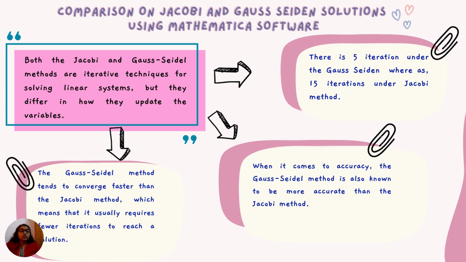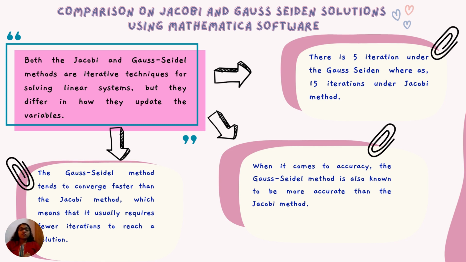We all know that both the Jacobi and Gauss-Seidel methods are iterative techniques for solving linear systems, but they differ in how they update the variables, as you saw before this. There are actually three main comparisons that I've seen here.